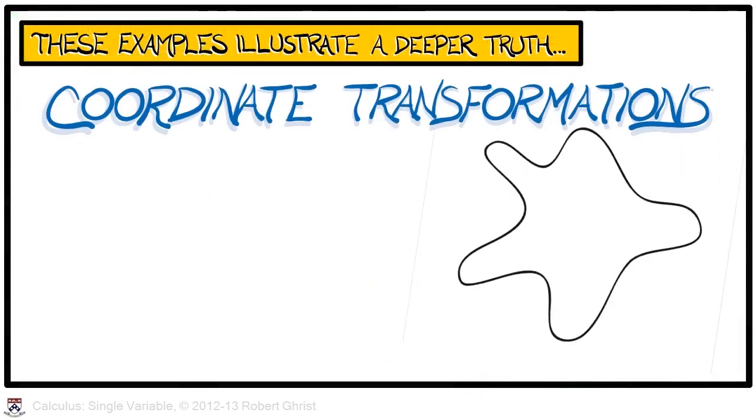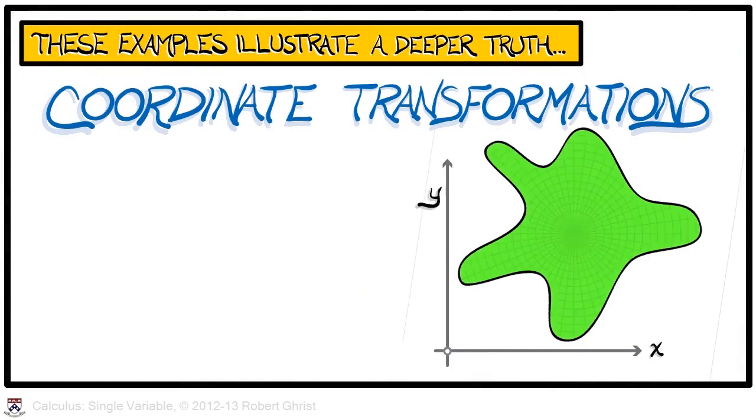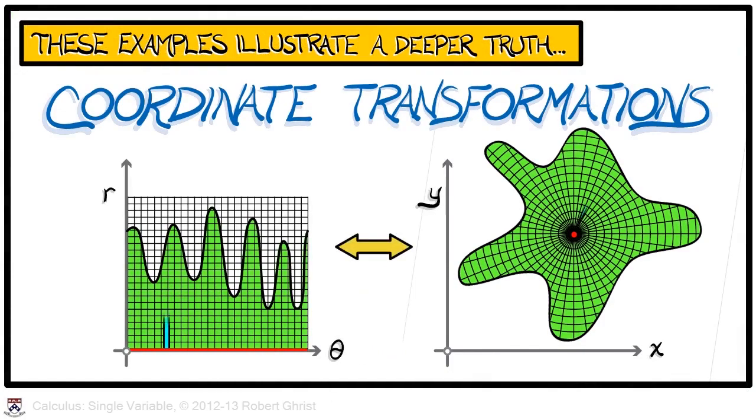Now, these examples, though complicated, illustrate a deeper truth, namely that by changing coordinates, we can make the integral simpler. It looks like we're playing around with triangles and area elements like that, but what we're really doing is changing coordinates so that we can integrate with respect to theta.